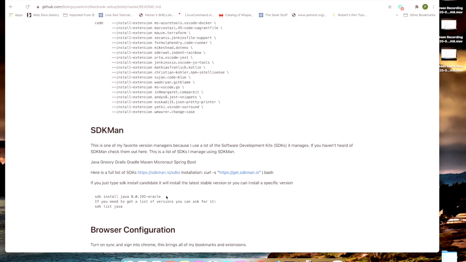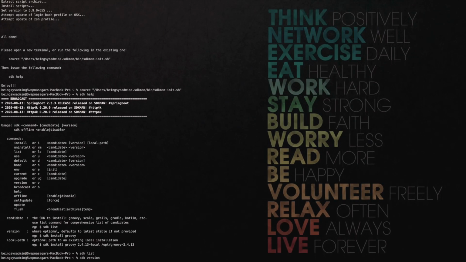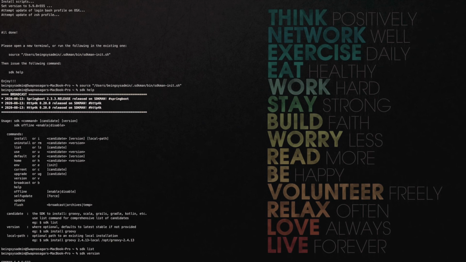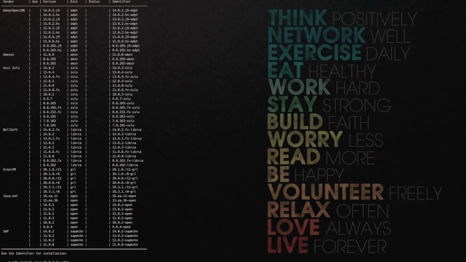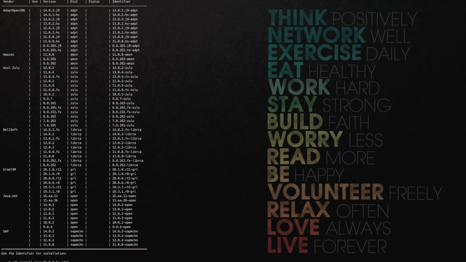Prior to that, if I want to see what is available, I can do SDK list Java, and it is going to give me all this information: Adopt OpenJDK, Amazon, Azure, Bellsoft, GraalVM, and Java. Whatever you have at the moment, it can go ahead and install.